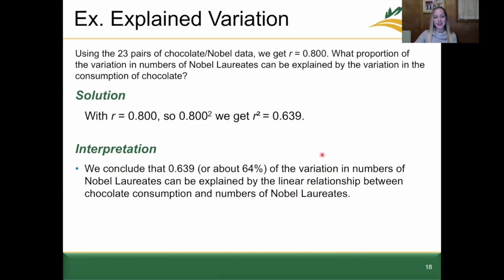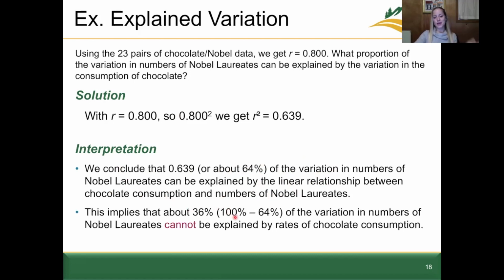So the variation in the Y data, the variation in the numbers of Nobel laureates, only about 64% can be explained by the linear relationship between chocolate consumption and numbers of Nobel laureates. Then on the other side of that, 100% minus 64%, that's about 36%.